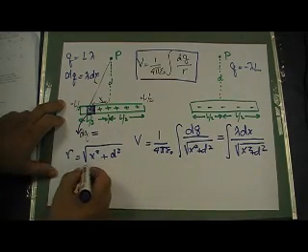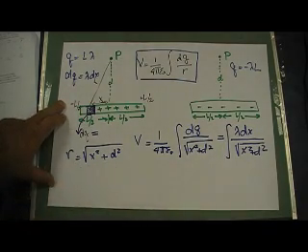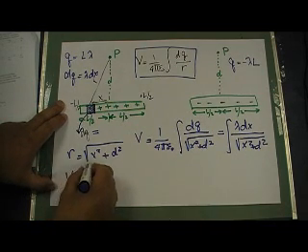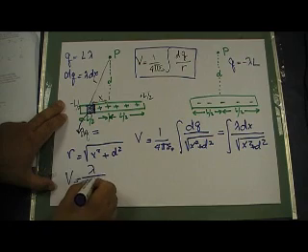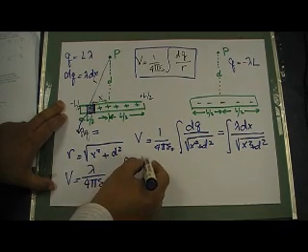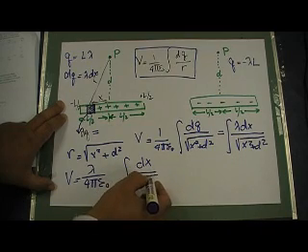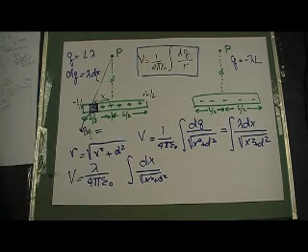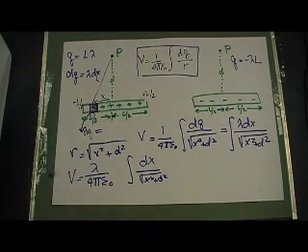So the integration that I have to do is the following: V, of course, is equal to lambda over 4 pi epsilon, and then I have to integrate dx over the square root of x squared plus d squared, which we discussed in class, but let me just remind you of what that integral is equal to. It's right here.